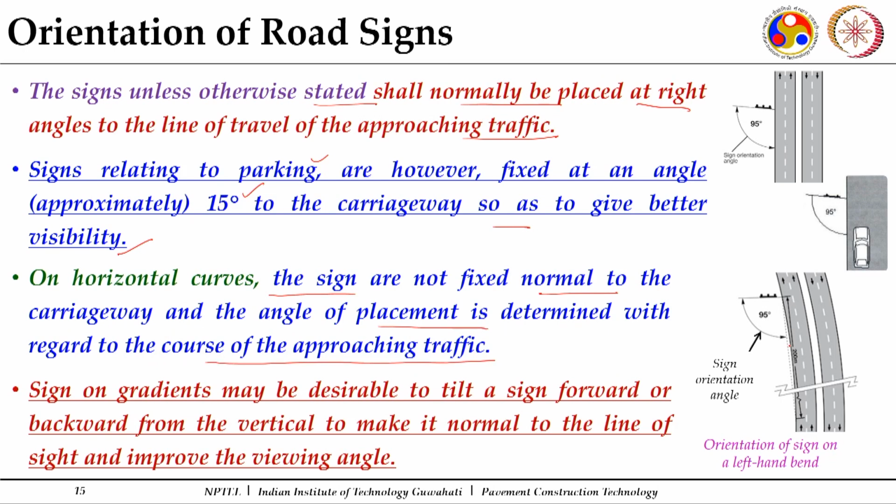For signs on gradients, similarly when you are approaching a vertical curve, it may be desirable to tilt a sign forward or backward, depending upon whether you are approaching a valley curve or a summit curve, to make it normal to the line of sight and improve the viewing angle. This is also important for proper and timely visibility of a sign.